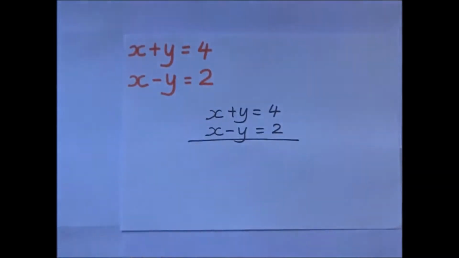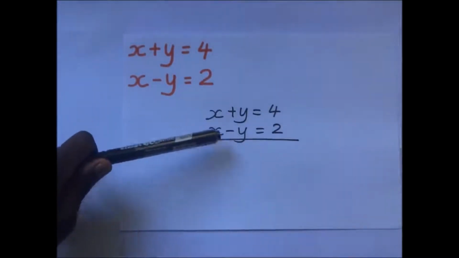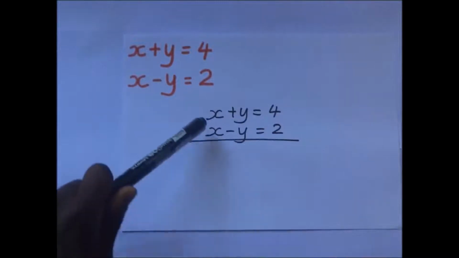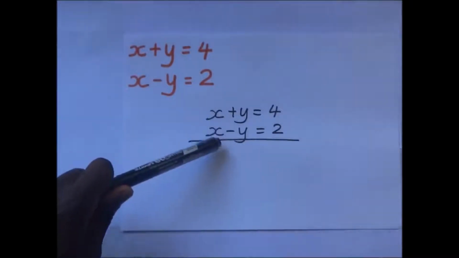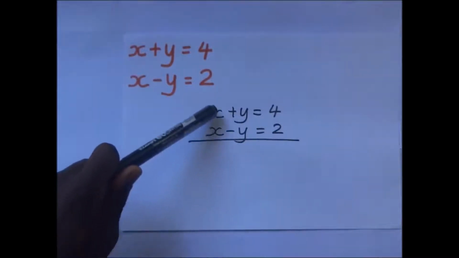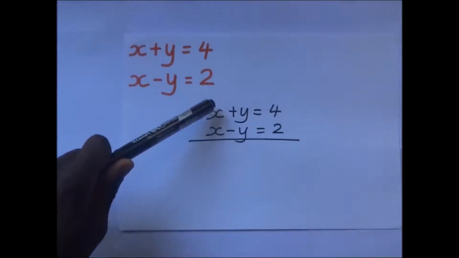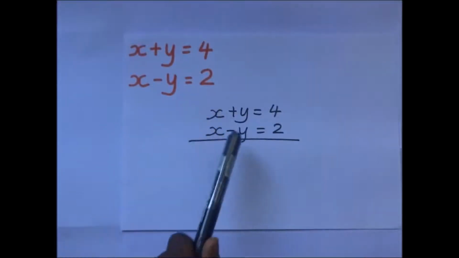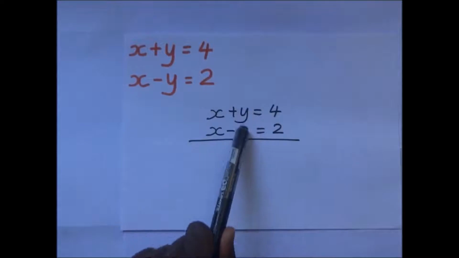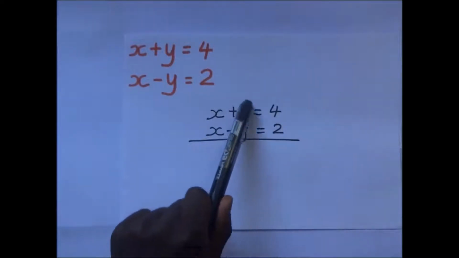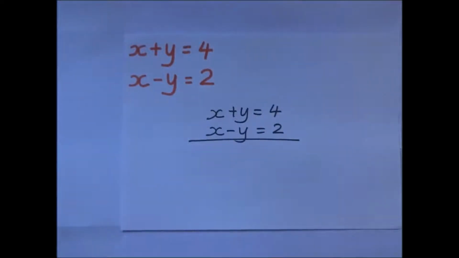Because if we subtract x minus x, we shall get 0 here. Since x minus x gives us 0, it means we will have eliminated x, and we shall be remaining with only y. And if we remain with only y, then we shall be able to get the value of y.